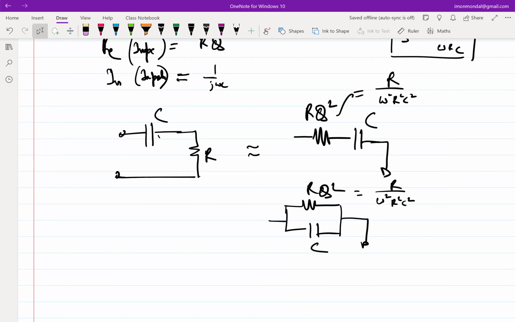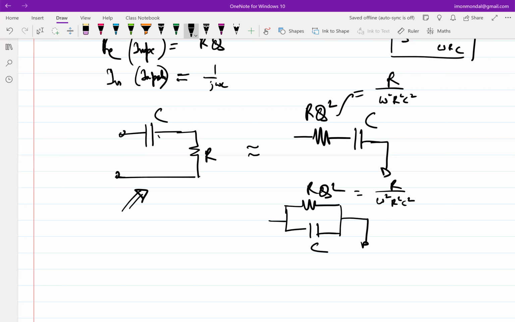Okay, so let's assume your R is 0, right? So we are working under the assumption that the impedance of the capacitor is much more than impedance of the resistor. So the worst corner case for that is R equal to 0. If R equal to 0, our model should be validated, right?